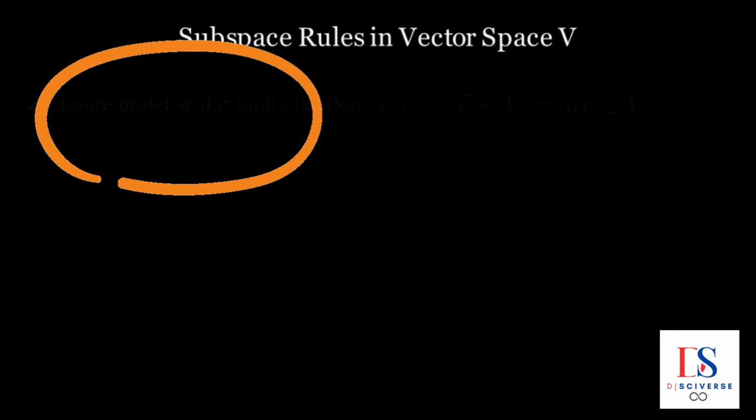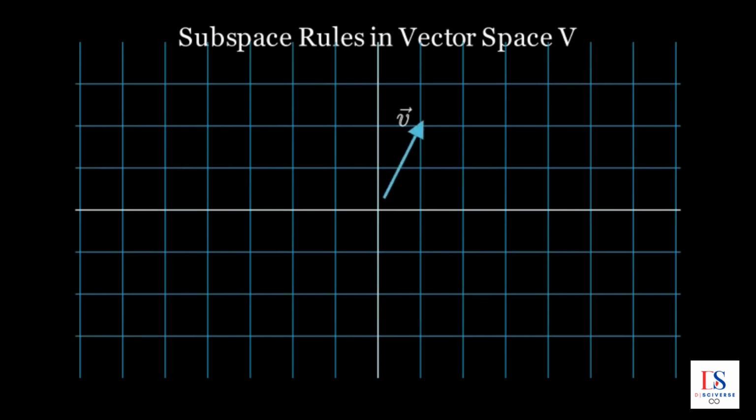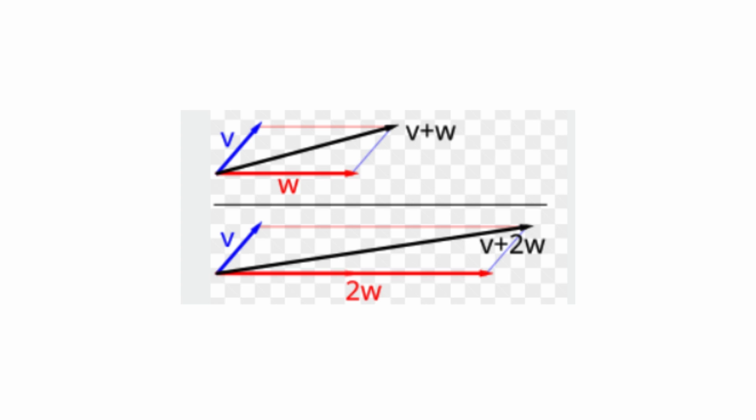Now I want you to take any vector and multiply it by a scalar value, which doesn't have any direction. You know what a scalar value is, right? When you multiply a vector with a scalar value, what happens? I want you to imagine that.